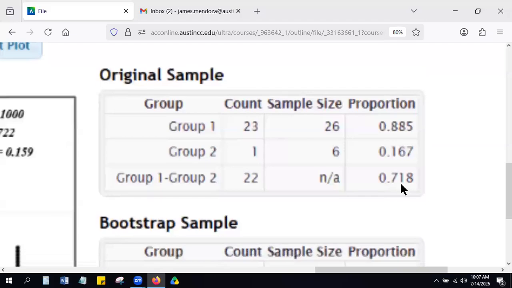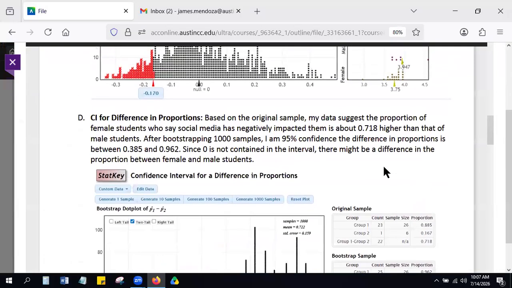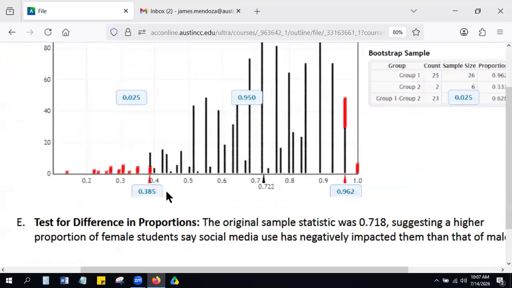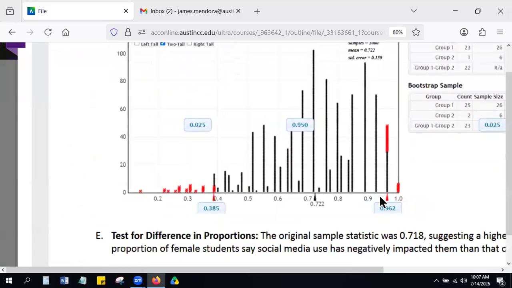But the 0.718 is, well, actually this is just the bootstrapping. So we're testing whether male and female say that social media has a negative impact on them, and you can see whenever you bootstrap, you'll bootstrap 1,000 of them, and then you can see down here at the bottom that it's got the interval like 0.385, 0.962.